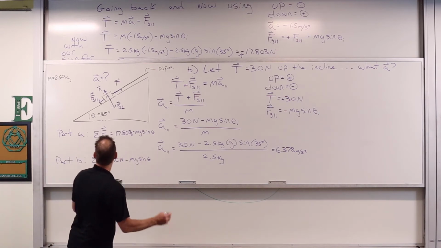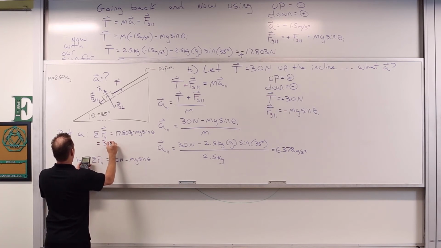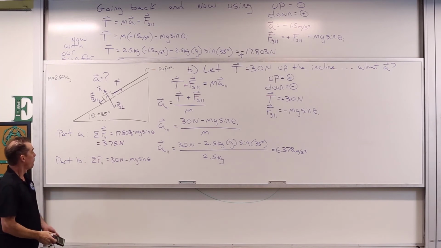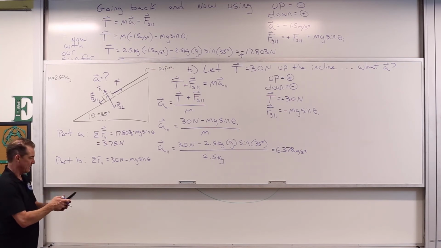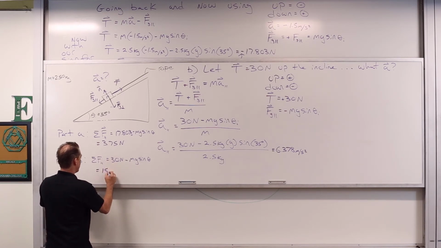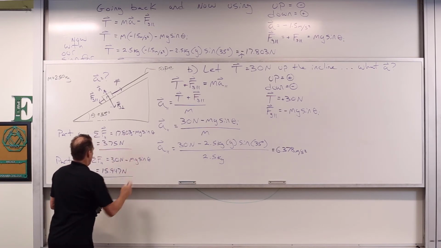And for this, we got that the net force for part A was equal to 3.75 newtons. Now for part B, it's going to be much, much greater than that. Let's just do it like this. 30 minus 2.5 times 9.8 times the sine of 35. We get that the net force here is equal to 15.947. Look at this.